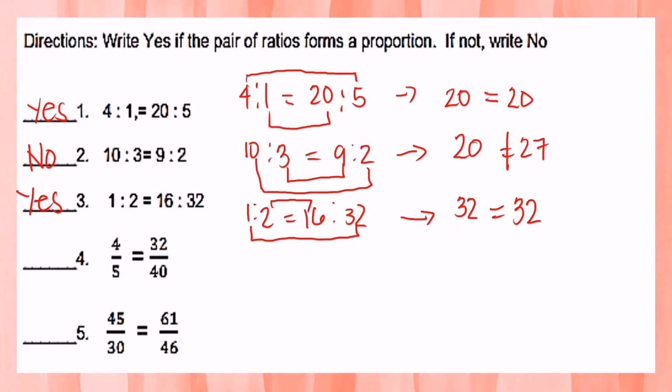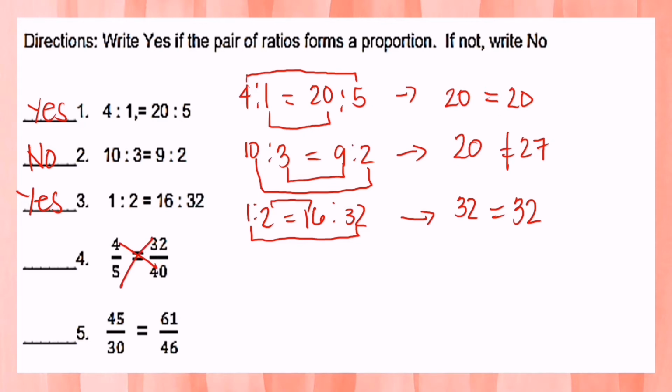Although it is written in fraction form, sabi nga natin, ratio can be written in 3 forms. The first one is in colon, the second one is in words, and the third one is in fraction form. So sa number 4, same pa rin, multiply means and extremes, or simply cross multiply. Okay?